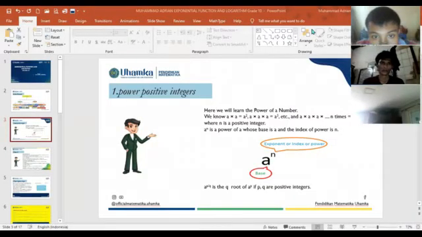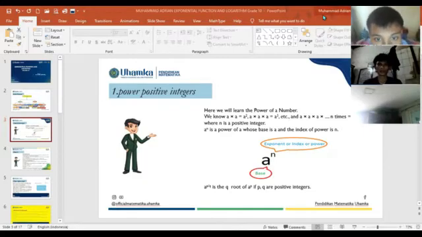Okay, we know a multiplication a equals a power 2, a multiplication a multiplication a equals a power 3, and a multiplication a, n times, equals a power n, where n is a positive integer.